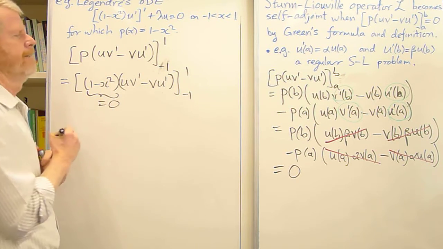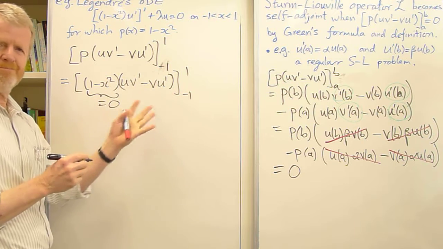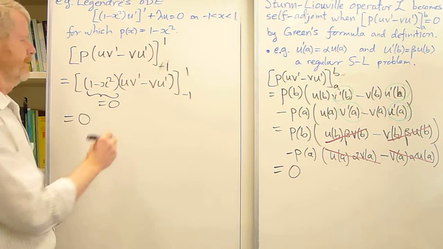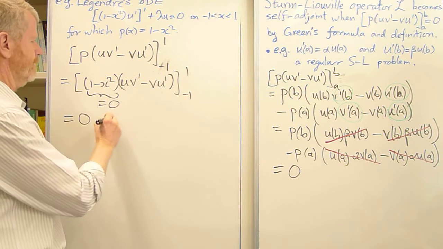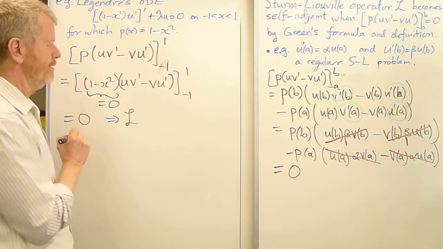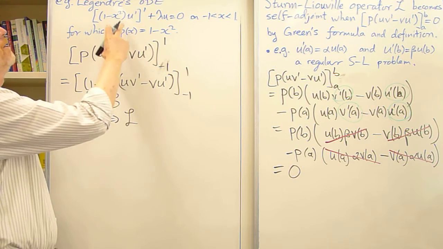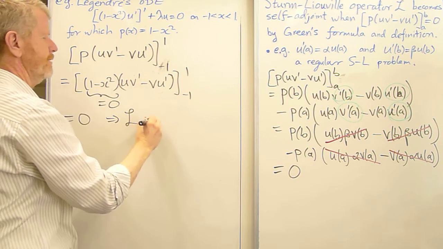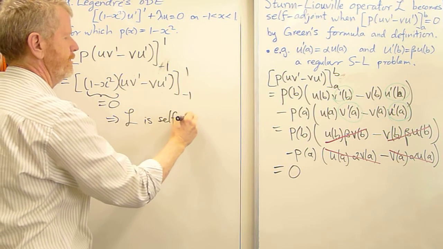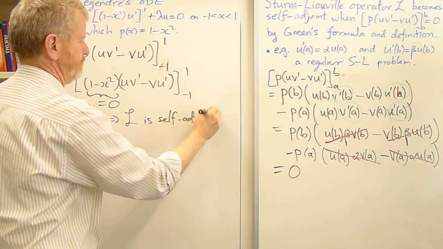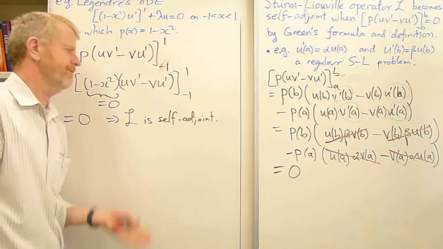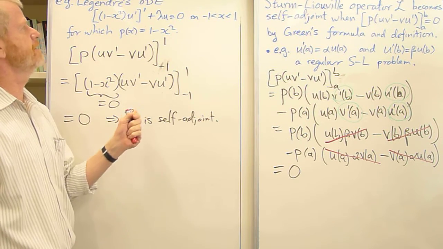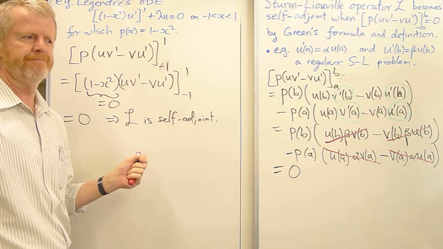And so this whole product evaluated at those two points is 0. So that implies here that this linear operator L with this coefficient p is self-adjoint. And the interesting thing here is it's self-adjoint without specifying any boundary conditions on u and v at all.